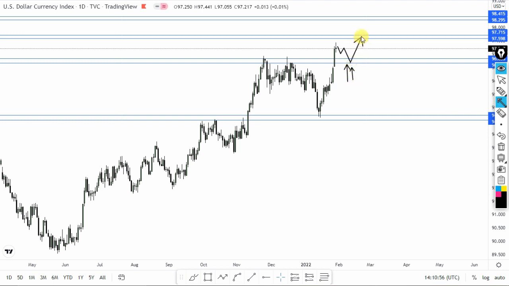We are expecting bullish move in this week. This resistance zone is our first target. And this is our second target.